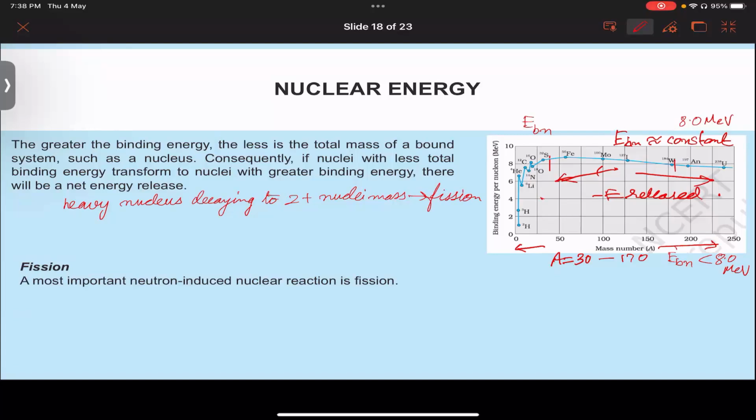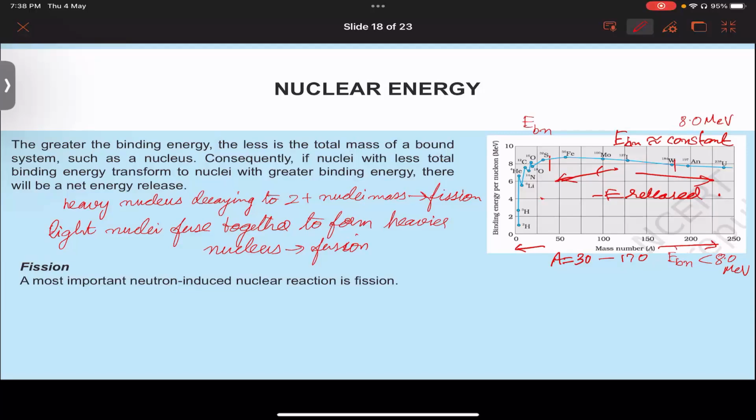Your heavy nucleus is decaying into lighter nuclei. And if, say, light nuclei fuse together to form a heavier nucleus, that is your fusion.